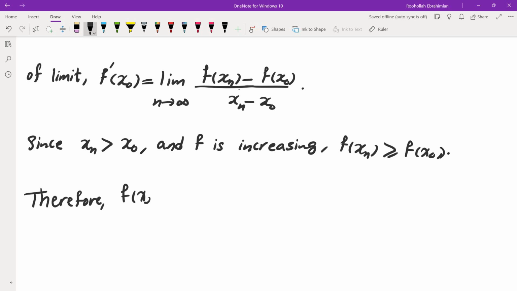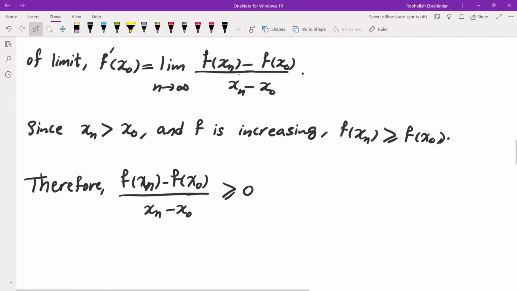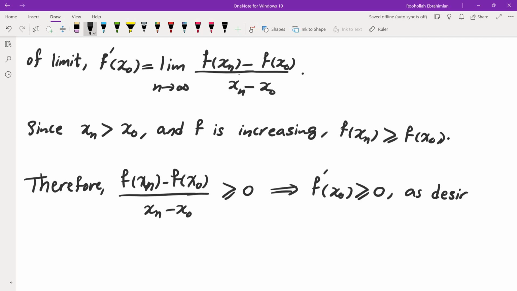So the fraction f of x_n minus f of x naught over x_n minus x naught is greater than or equal to 0. Notice that f of x_n is greater than or equal to f of x naught because f is increasing and x_n is more than x naught. And x_n minus x naught is positive. So the sequence is greater than or equal to 0. Therefore, its limit, which is f prime of x naught, is also greater than or equal to 0, as desired.